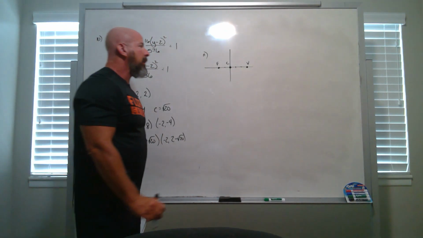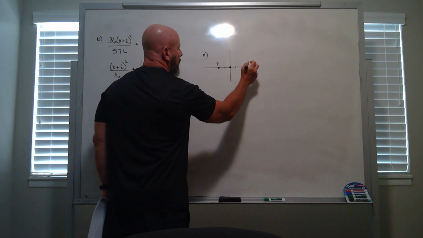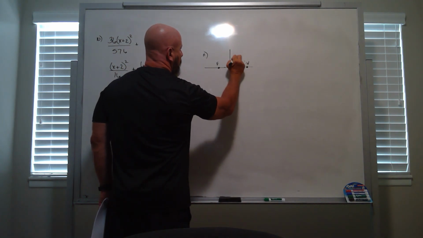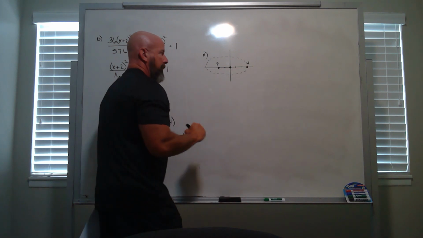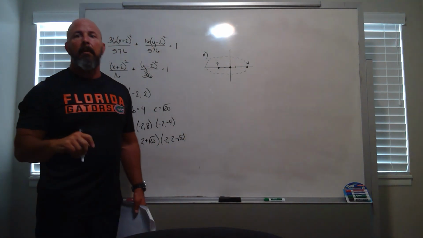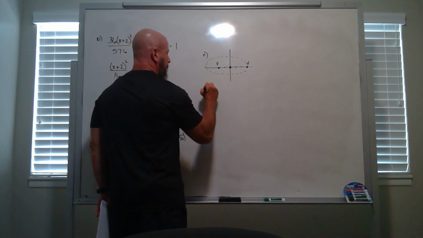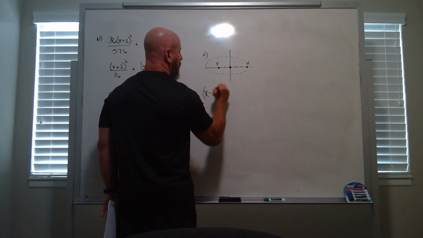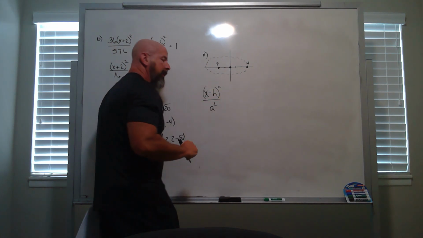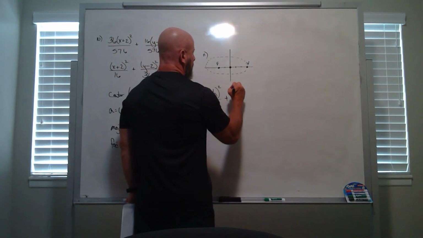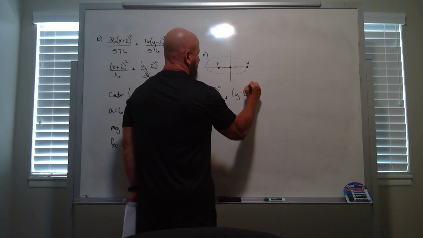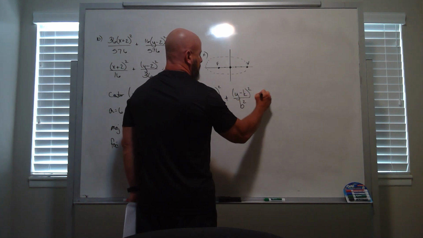And that's enough to tell me that this has got to be a horizontal ellipse, something like that. So I know it is x minus h squared over a squared. The a's got to be under the x, it's that horizontal look, plus y minus k squared over b squared is 1.